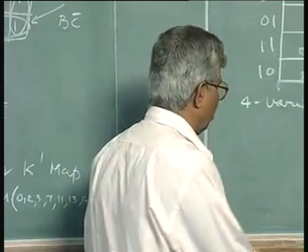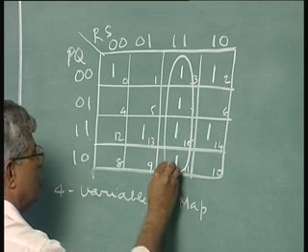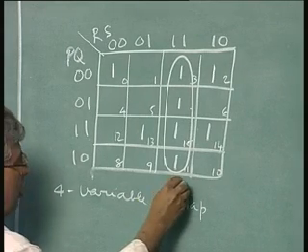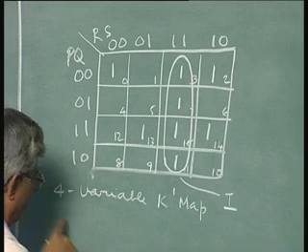So, first group of ones is this, right. I will call this 1, because there is no space here.